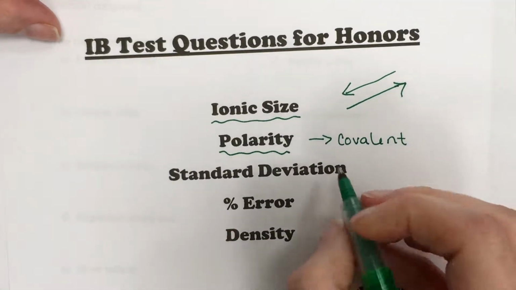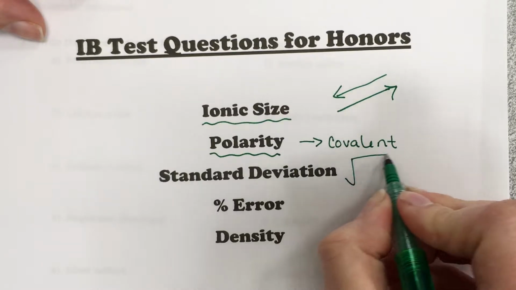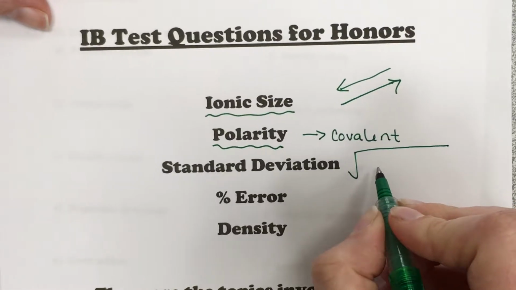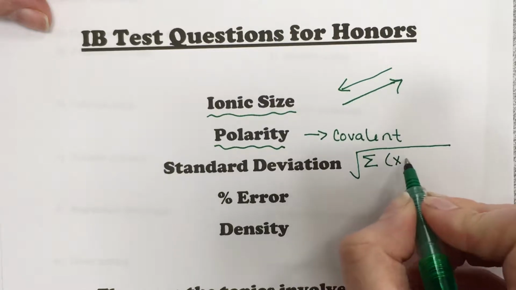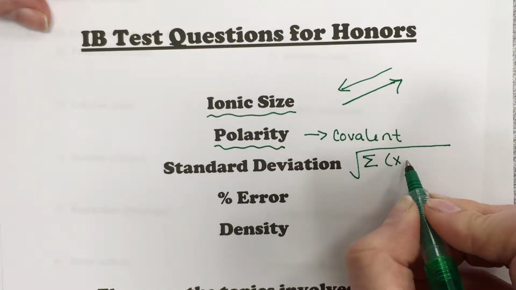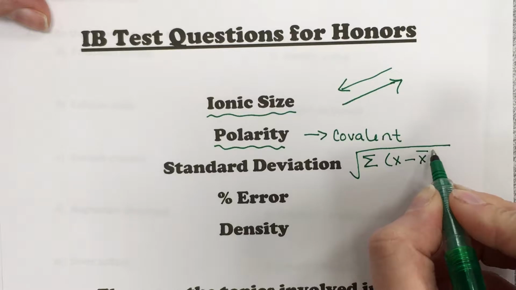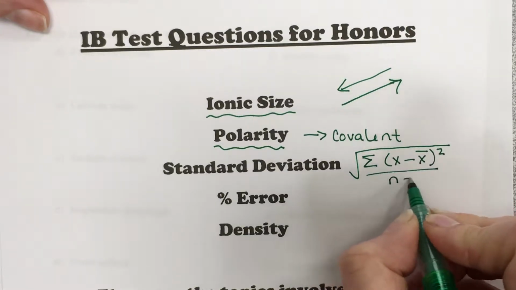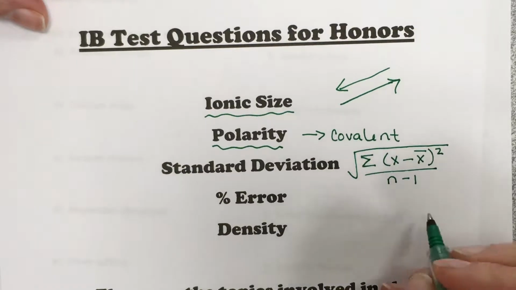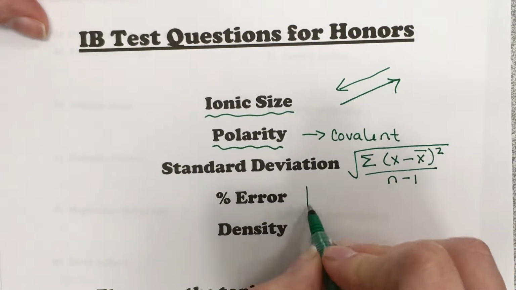Standard deviation, that's something you guys had a quiz over already, but it's basically the sum of your trial 1, or whatever the first trial is, minus the average of all trials, squared, all over the number of trials minus 1, okay? And then percent error, that one's easy.